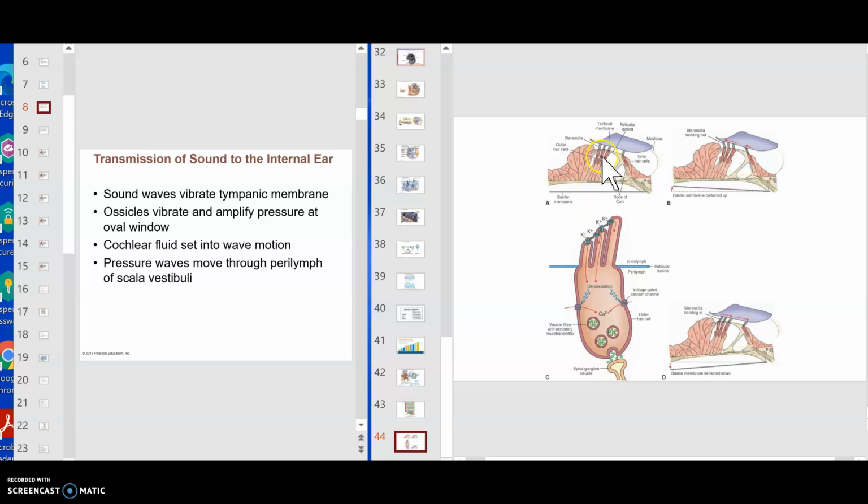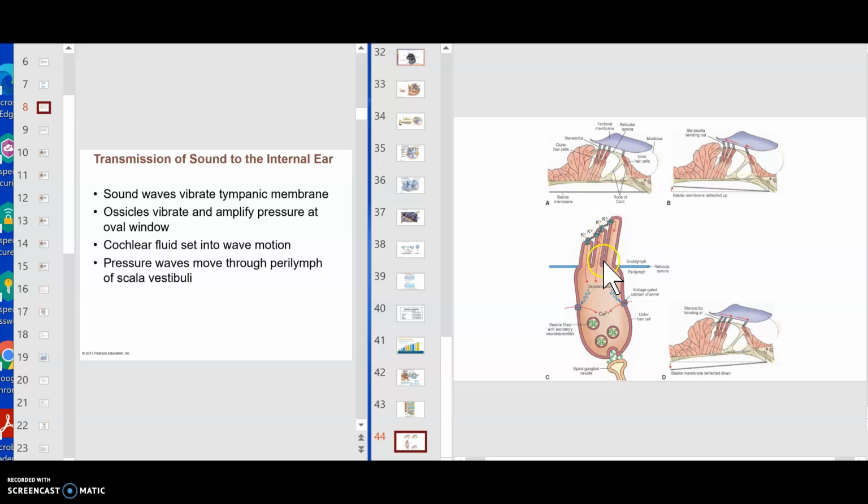Now, the hair cells that you see right here have different lengths. And what the hair cells are, here would be the cell. The hairs are actually stereocilia. Now, a cilia moves, but a stereocilia does not move. It has to be pushed on.